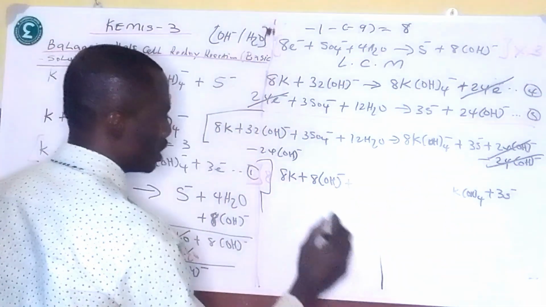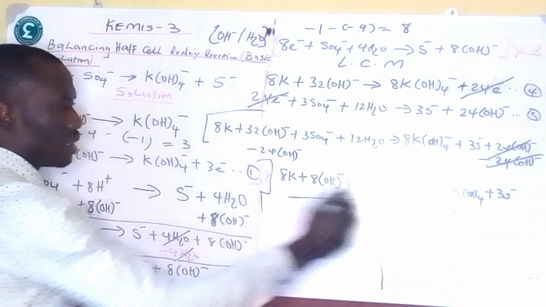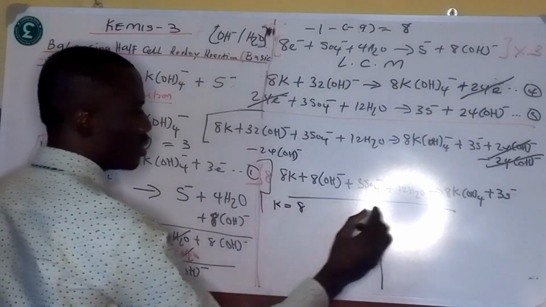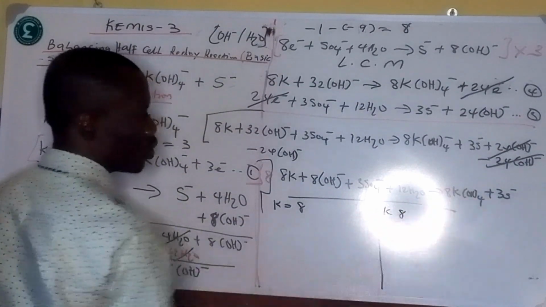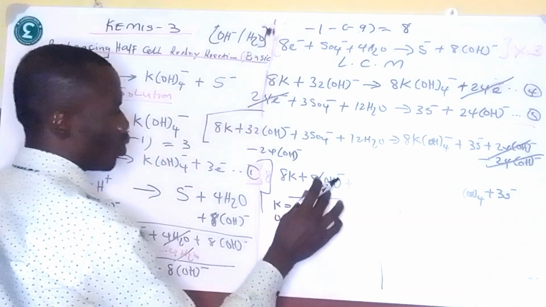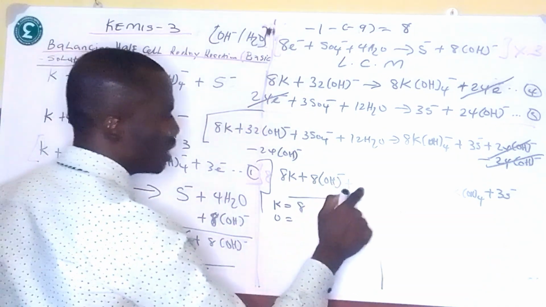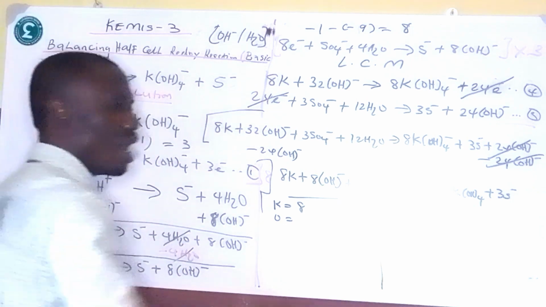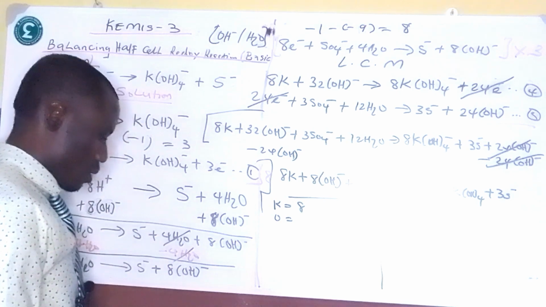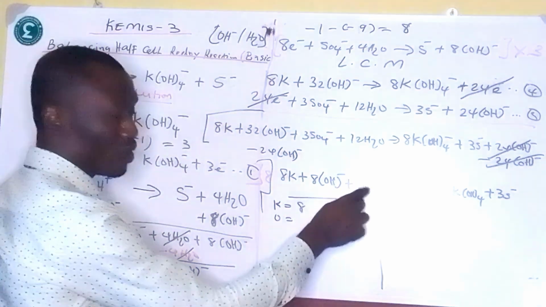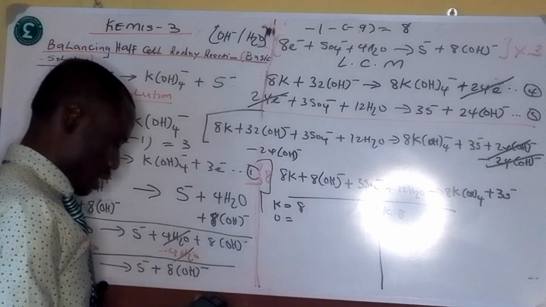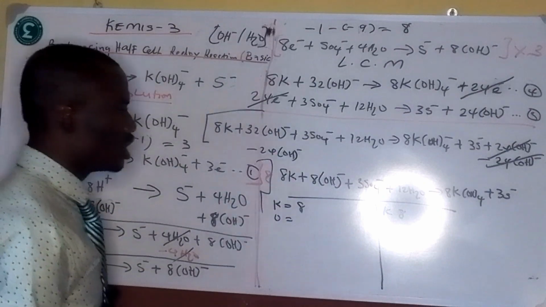So what we're going to do is check this for the right hand side and this for the left hand side. In potassium, I have 8 potassium here, 8 times 1, that is 8. For the oxygen, 8 times 1, that is 8. 3 times 4, that is 12 oxygen, plus 8 is going to give me 20.